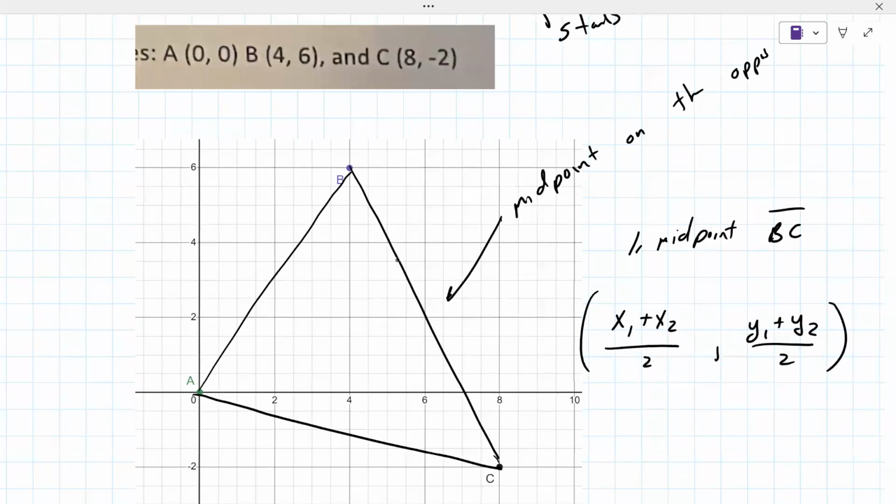All right. Could you calculate the midpoint for us then, please? We're using the 2 numbers 4 and 6 and 8 and -2, right? Yes, because those are the opposite side, B and C. Those endpoints of the opposite side.